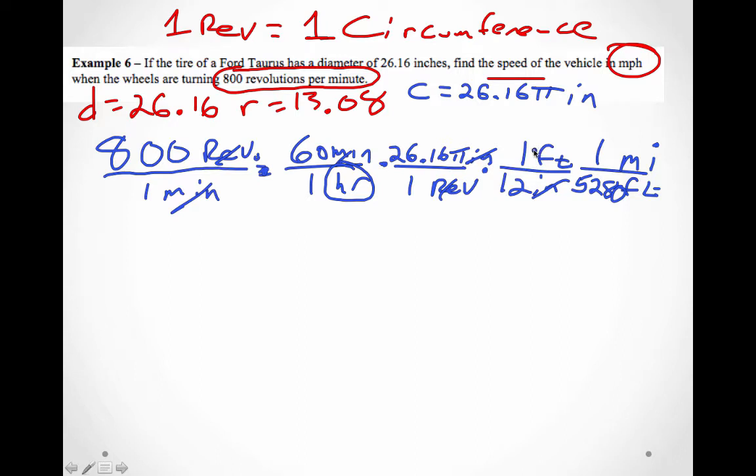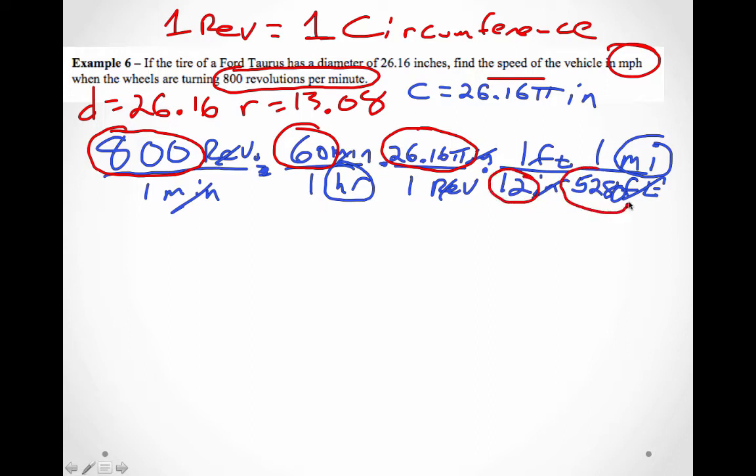Let's take a look at what we got here. My feet go away. I've got miles right here. If you take a look at what I have on the top, I got 800 times 60 times 26.16 pi. And on the bottom, I've got 12 and 5,280.